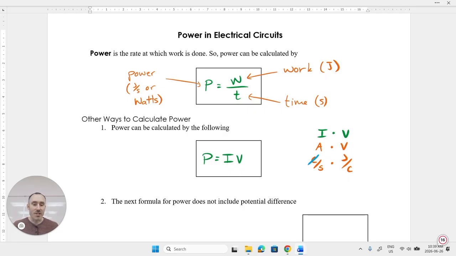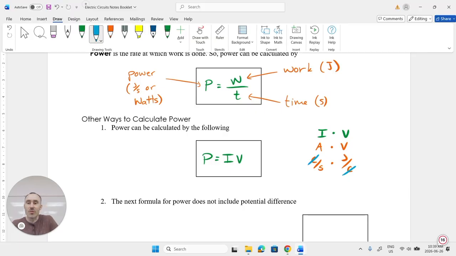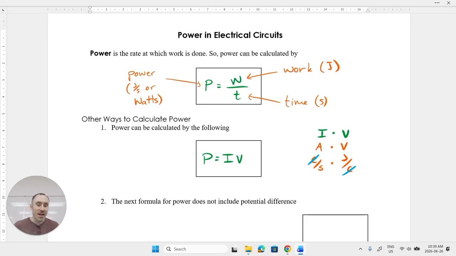And so we can actually just cancel both of those coulombs out, and you can see that that leaves us with joules per second, watts, exactly what we were expecting. So P equals IV, the units work out exactly how we would expect. So you can calculate the power output of any component of a circuit or the circuit in total using the current and the voltage of either that component or the entire circuit altogether.